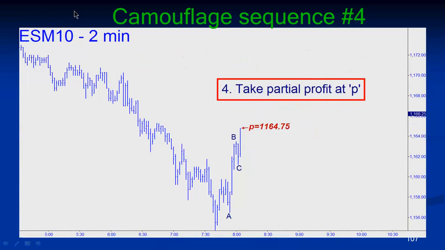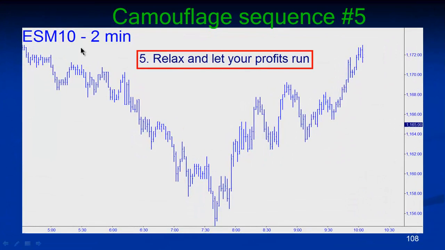Alright, so one more slide here: relax and let your profits run. So that's essentially the camouflage trade, but one of the major revisions in this course will be to get a little bit away from camouflage. It's a technique that I've taught since 2010, and we're going to get a little bit away from it to consider the many other ways that you can trade a particular vehicle when you have a very good, confident idea of where the swing highs and lows are going to occur relative to our hidden pivot targets.